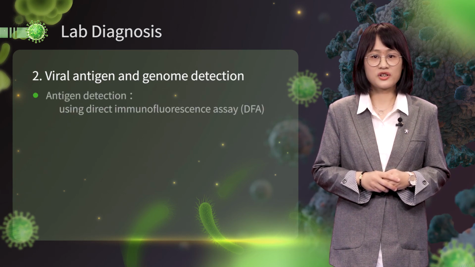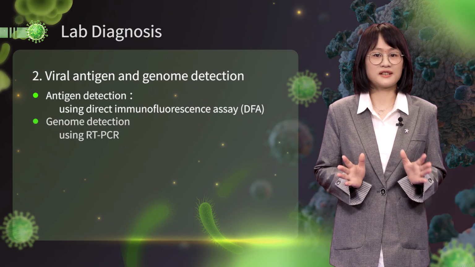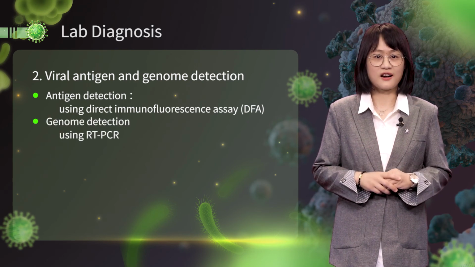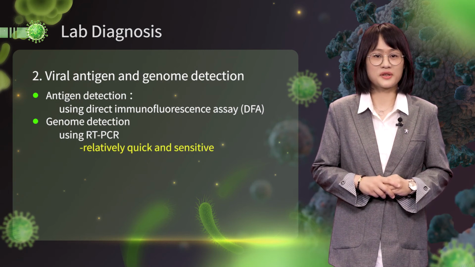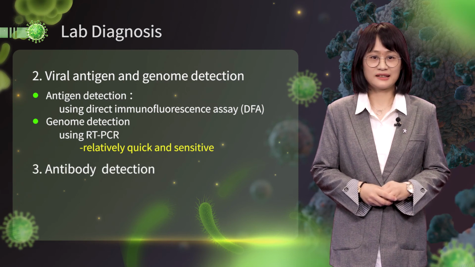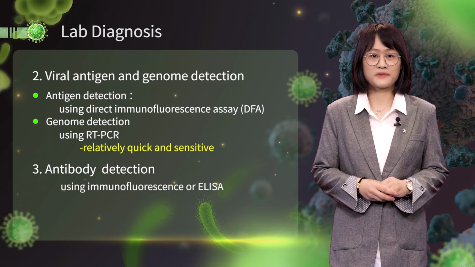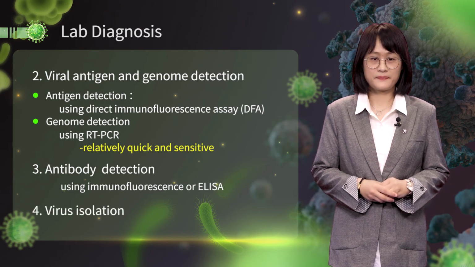Currently, antigen detection using DFA or genome detection using RT-PCR are relatively quick and sensitive methods for diagnosing rabies. 3. Antibody detection. Antibodies to rabies can be demonstrated, and sometimes viral isolation can also be performed. Clinical rabies is almost always fatal.